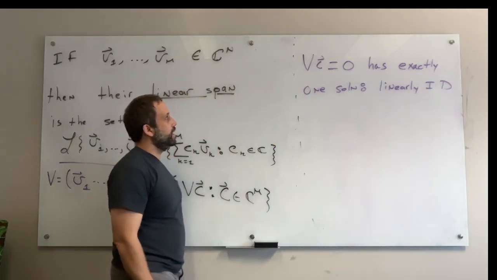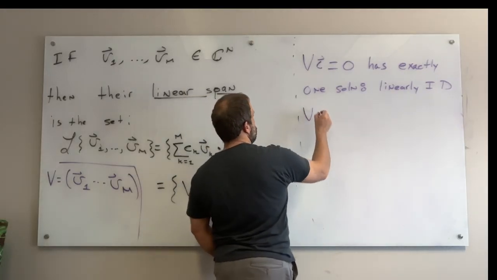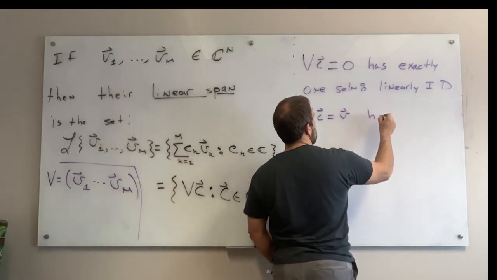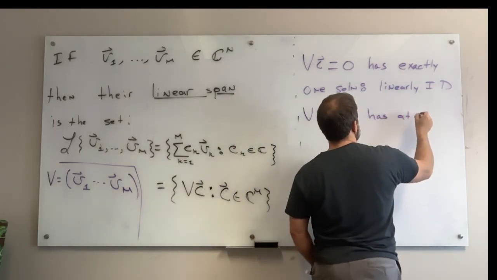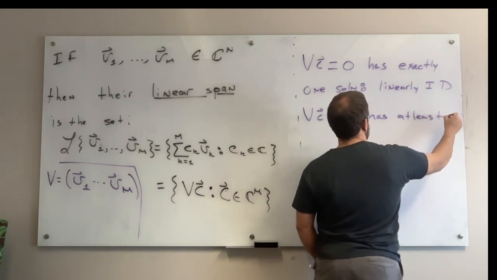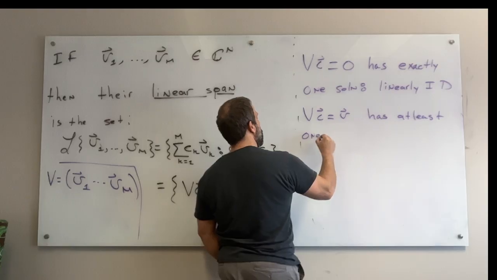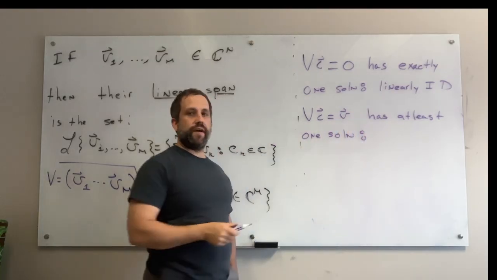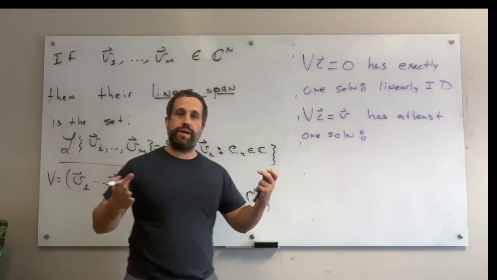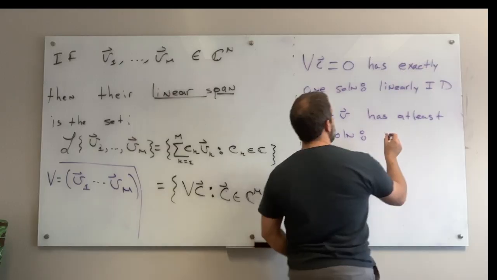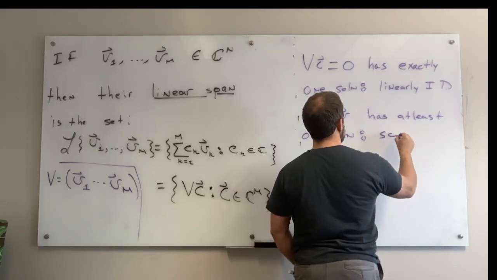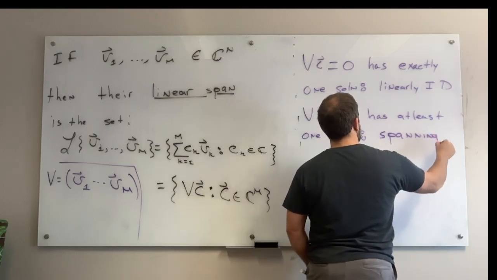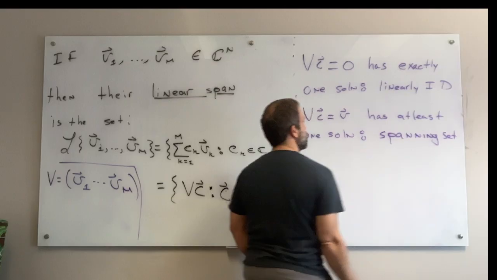And Vc equals v has at least one solution for all little v in the vector space that we're thinking about, then the vectors form a spanning set.